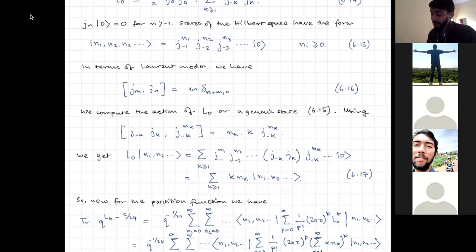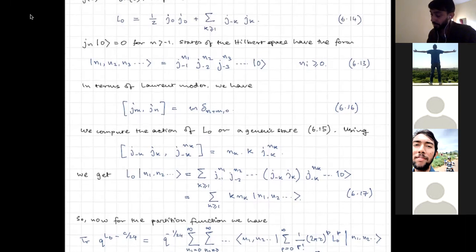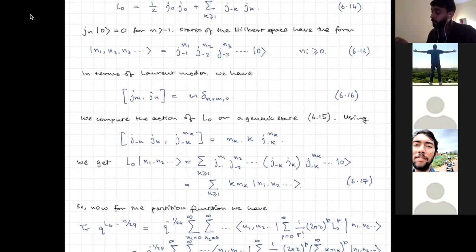Just remember that J naught acting on the ground state is also going to give you 0. So that is why you don't get anything from the first term. This is going to change when we look at more interesting examples a little later.